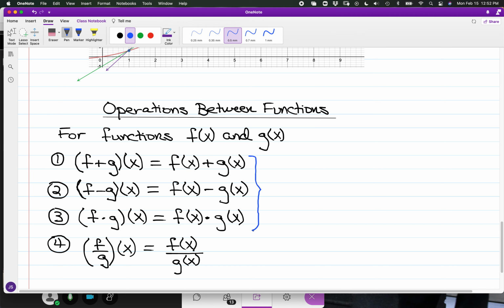Again, when we first looked into functions, we also looked into domain. For the domain of operations between functions, for the sum, difference, and product functions, these first three operations are going to have the exact same domain.